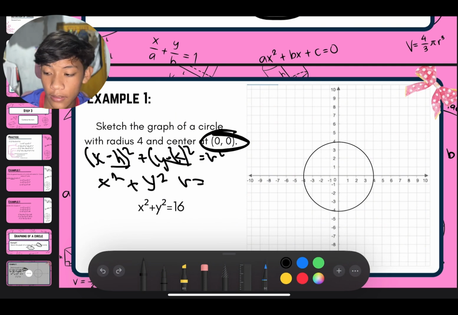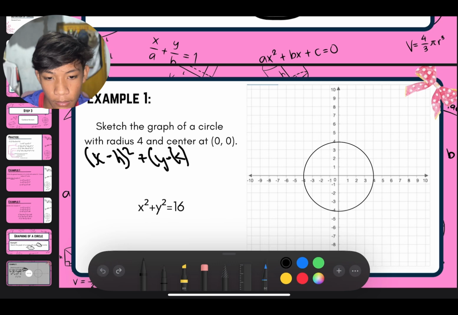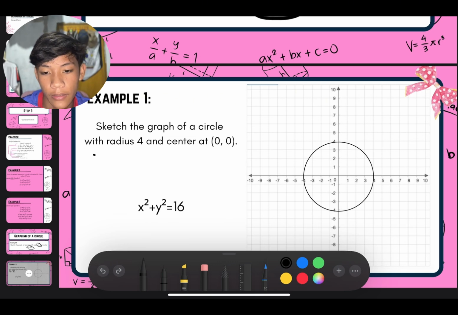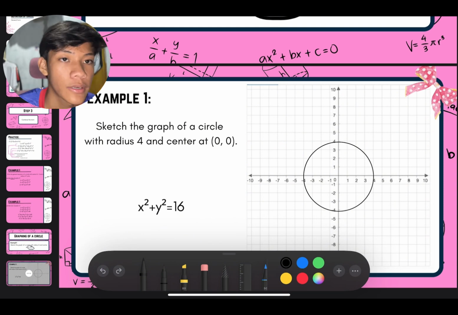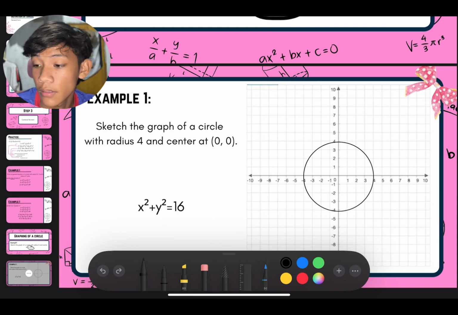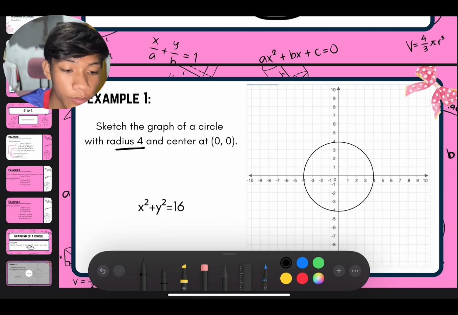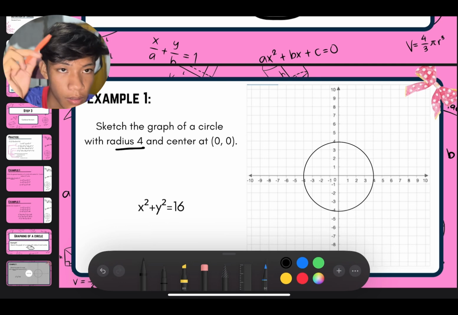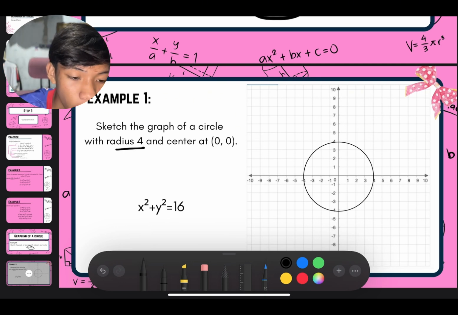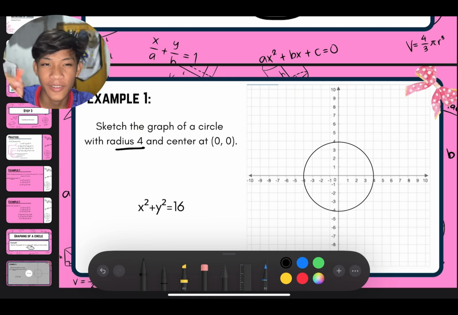So let's start to graph it. Our radius right here is 4, right? So let's count upward and horizontal. Wait, the vertical one and the horizontal.